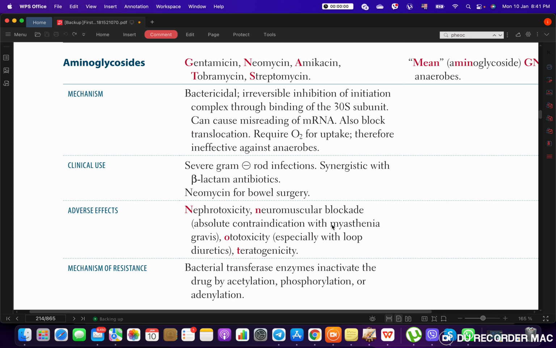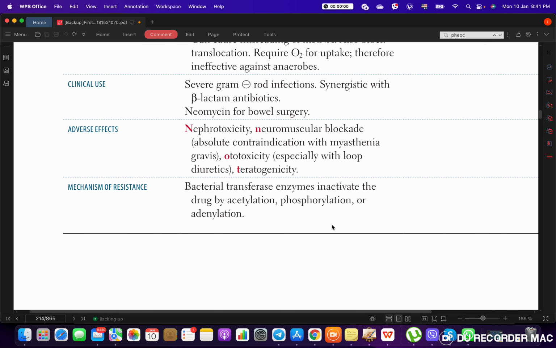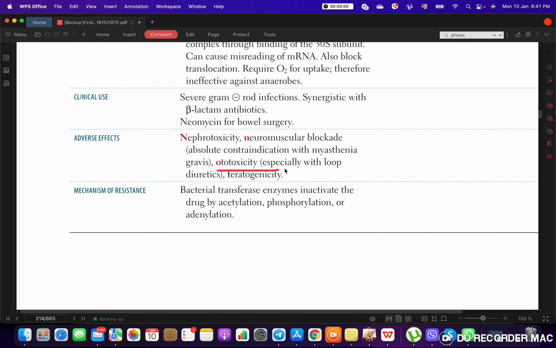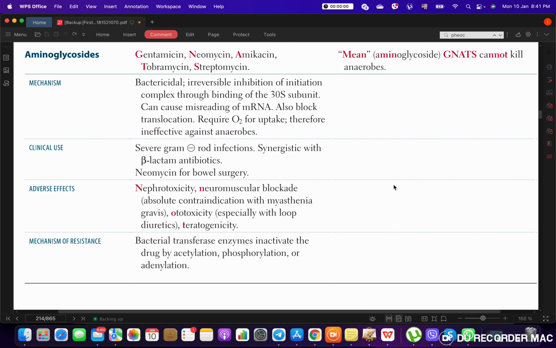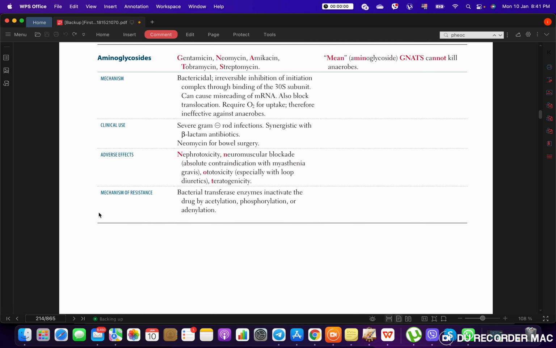Remember, myasthenia gravis is these people who in the morning are really energetic, and by night their acetylcholine receptors are totally depleted and they become super tired. They can have ototoxicity, especially with loop diuretics, because these are also ototoxic, and teratogenicity, so do not give it to babies, okay?